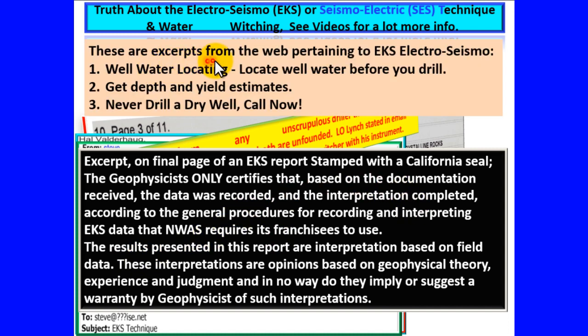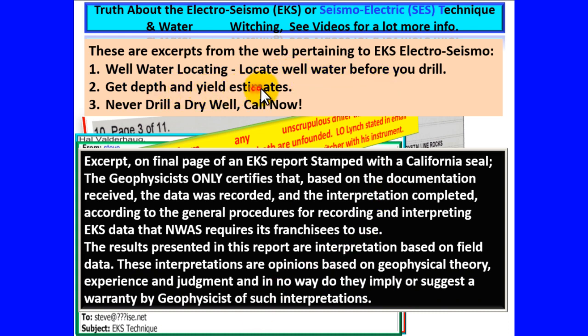These are excerpts from the web pertaining to EKS electroseismo. Water well locating. Locate well water before you drill. Let's analyze this. No way do they imply or suggest a warranty by the geophysicists. But on the web page it says locate well water before you drill.